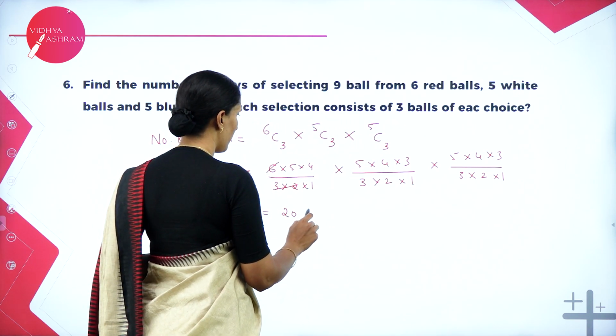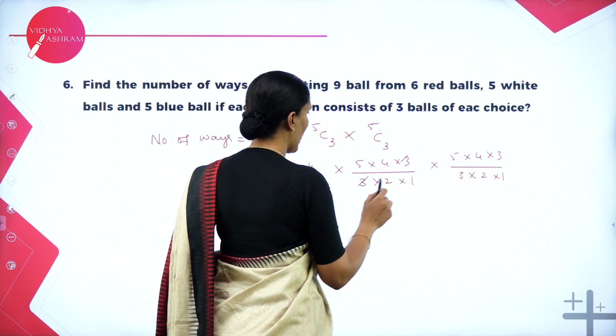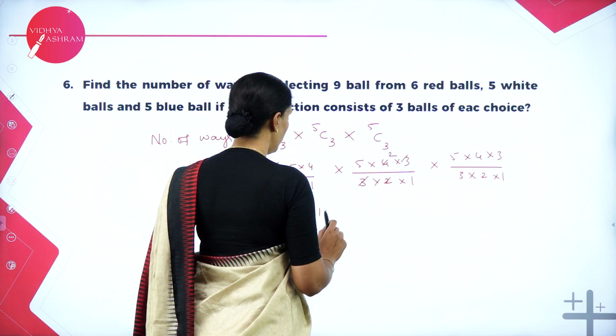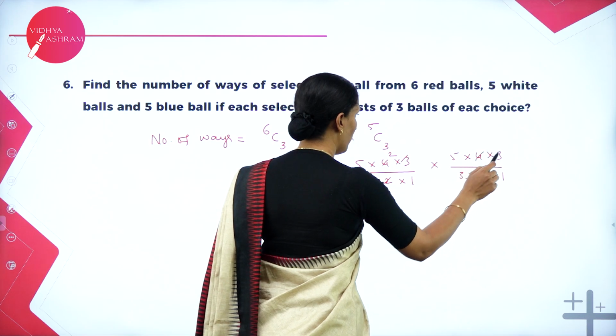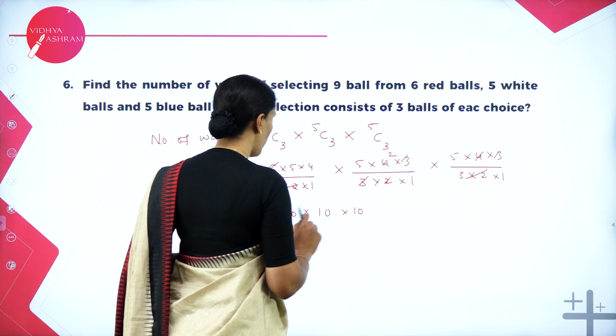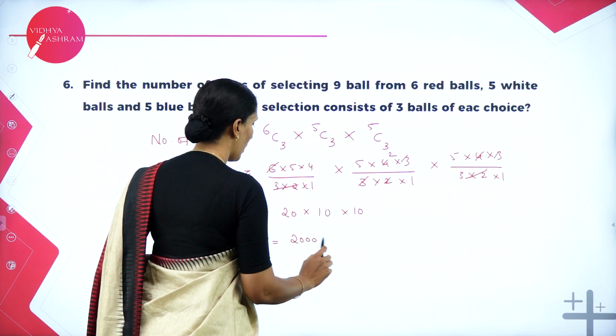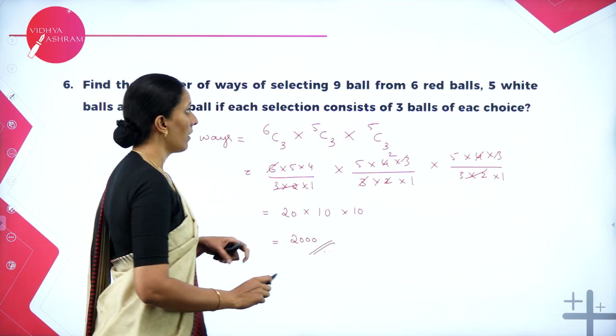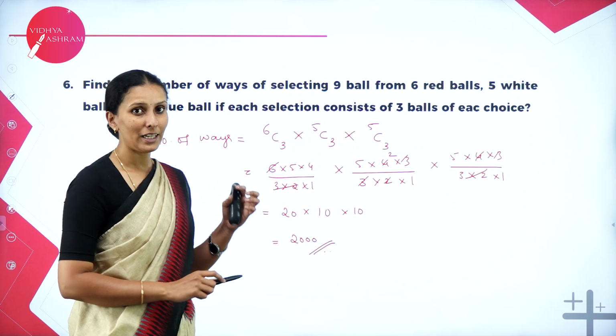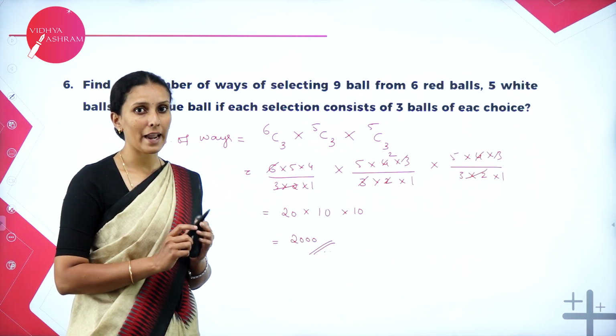So here it is 20. Now here 3 cancels, 2, 10. Similarly here also 10. So 20 into 10 into 10 is equal to 2000. So therefore there are 2000 ways of choosing 3 balls from each color so that you can choose 9 balls.